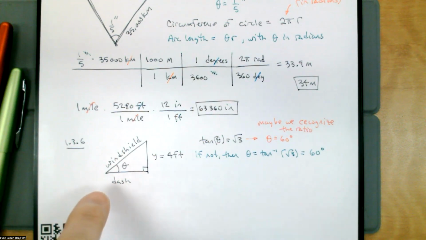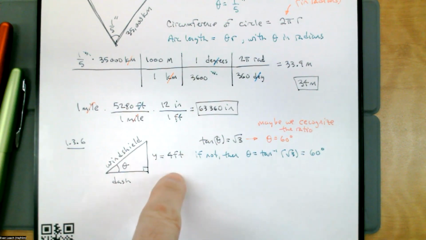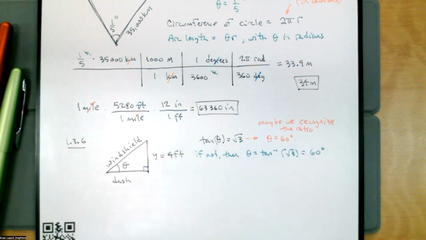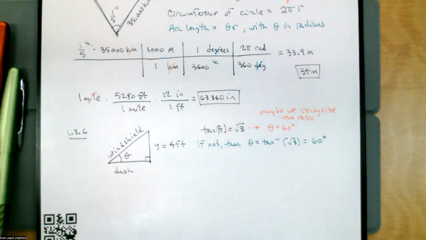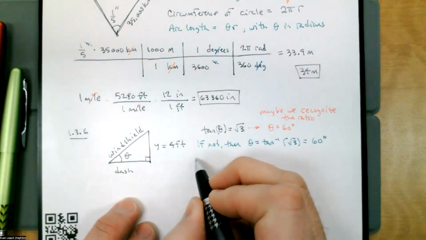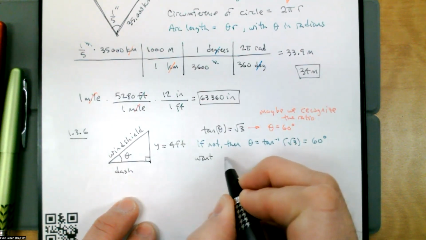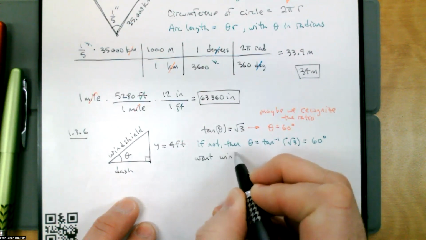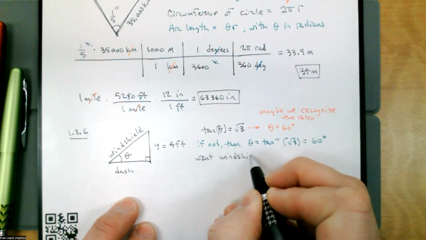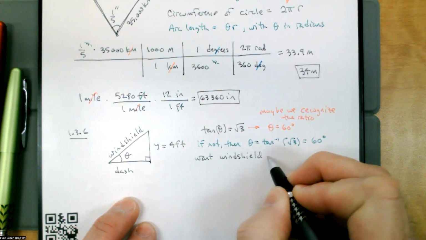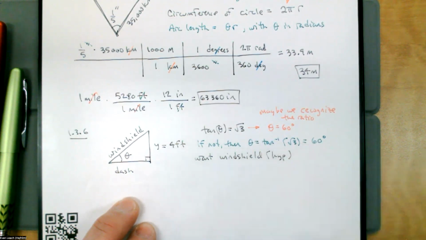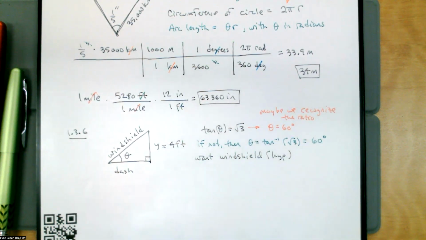If I have an angle and I have the opposite, I want to use sine because I know the opposite. So if we want the windshield, which is the hypotenuse, we have the angle and the opposite.